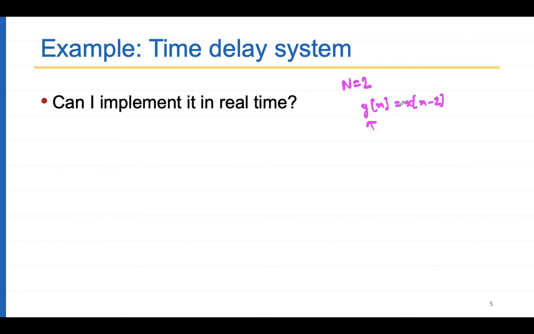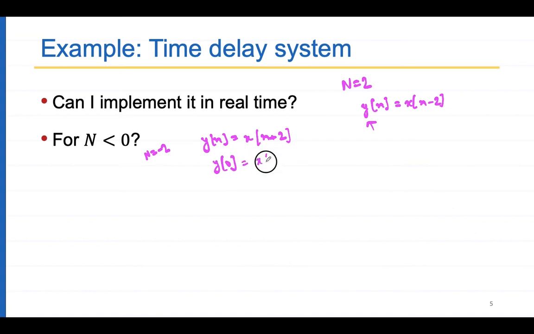Okay, but can I do it for capital N less than 0? Let's say y of n is equal to x of n plus 2, which means my y of 0 is x of 2, which means I need a future value.